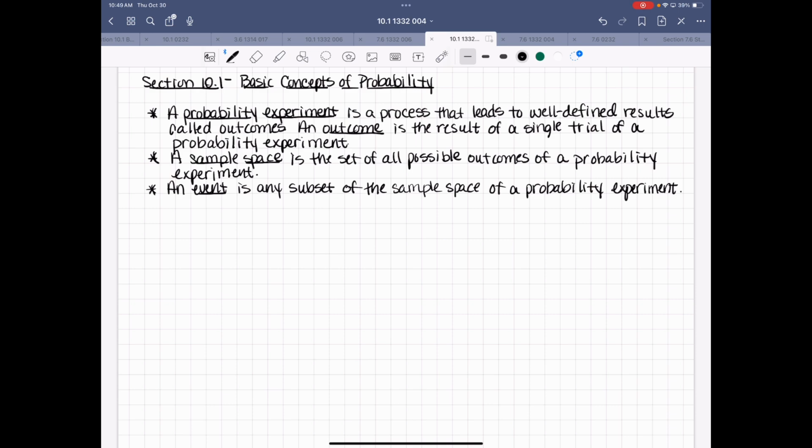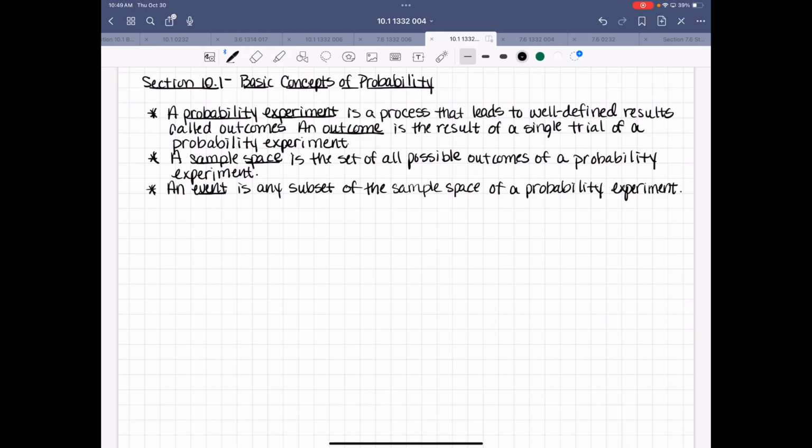An event is the subset of that sample space. So if I asked you, if we're looking for how many even numbers could I get? I could get 3, right? 2, 4, and 6 occur. Those are 3 events that happen in that sample space, okay?